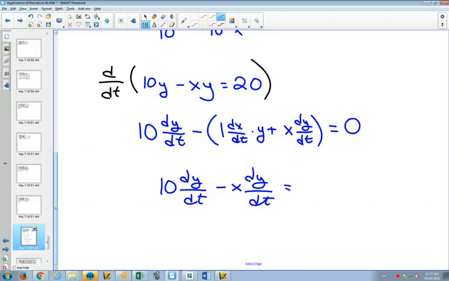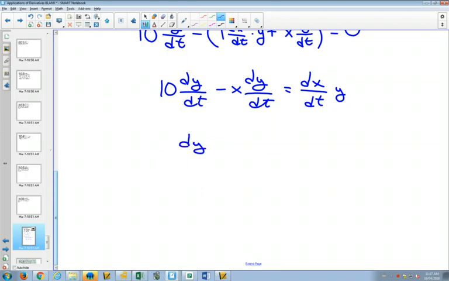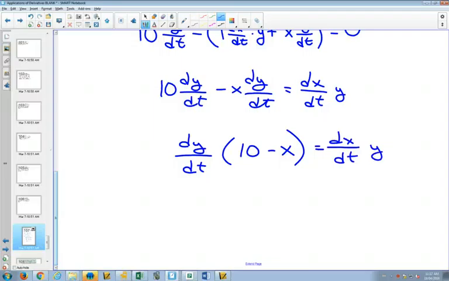If I move this dx/dt y to the other side, we've got the following. We can now factor out our dy/dt and get the following.